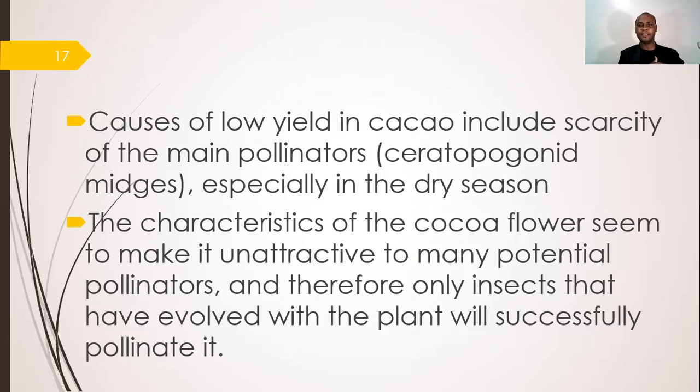Because of evolution, the cacao has evolved with this kind of insect, the midge, and because of that, they are always in the cacao, and they have the capacity to enhance pollination on the farm.